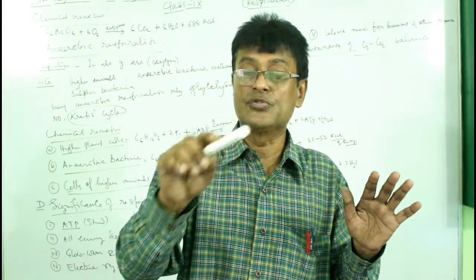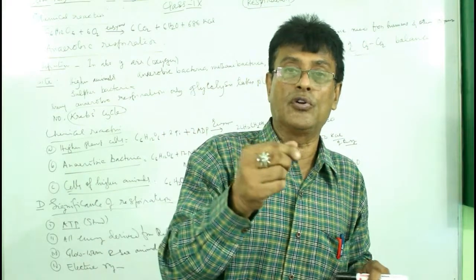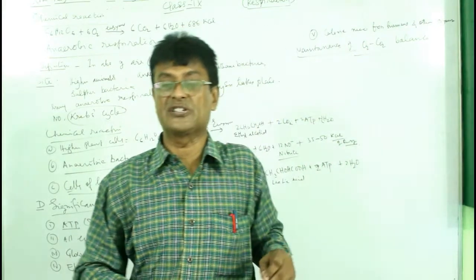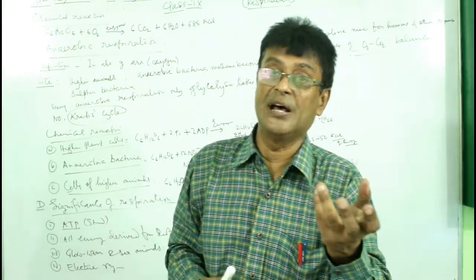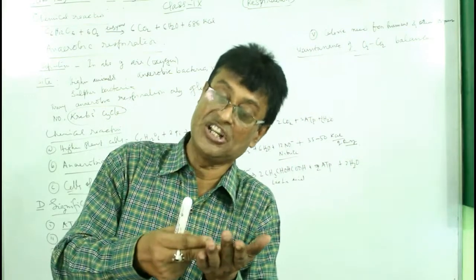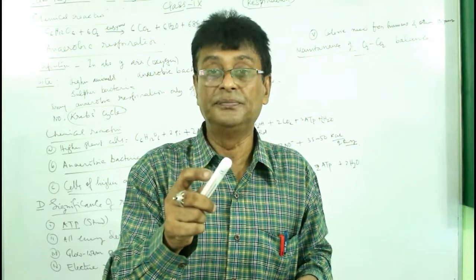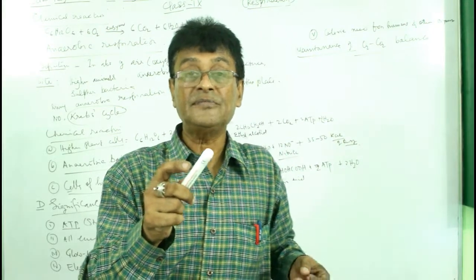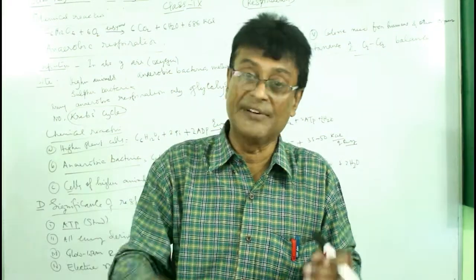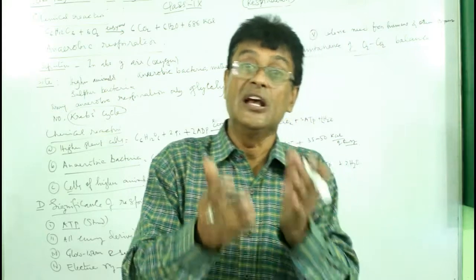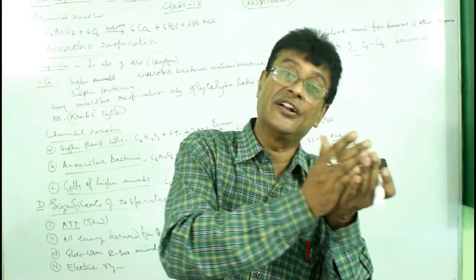Suppose you got a currency note of 10 rupees and you have gone to the market to purchase something. You spend the money, but whatever change comes remains as change. But in the ATP and ADP system, you know how much is spent, and whatever is left is again converted and restored.